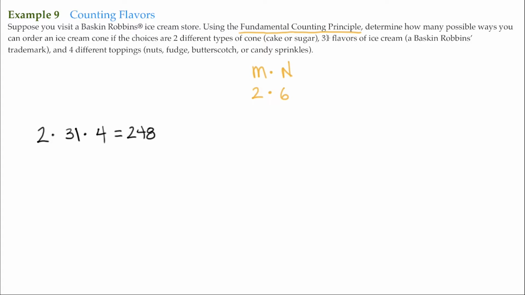Now, the beauty of the fundamental counting principle is we could certainly make a tree diagram of this. If I said, here's the ice cream cone that we're going to choose, I could go ahead and make the 2 different types of cone. Here's a cake cone, and here's a sugar cone. But then branching from each one of these, I would have to branch off 31 times for each one.